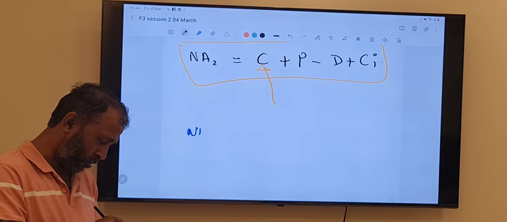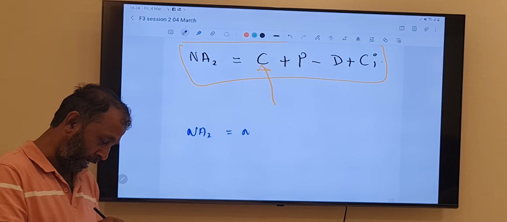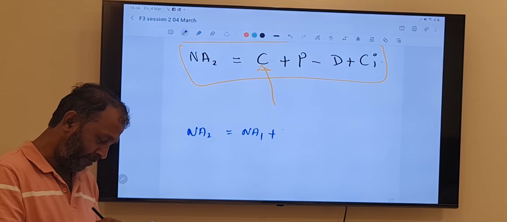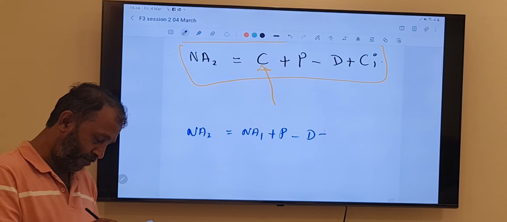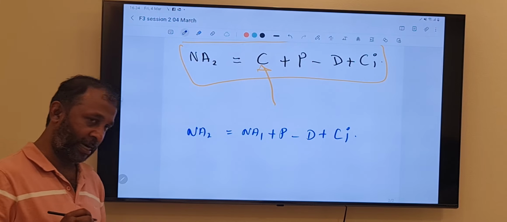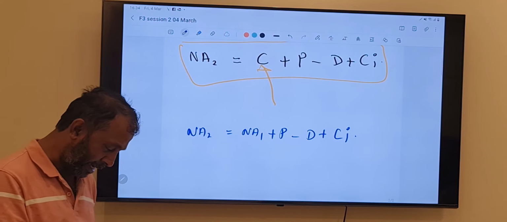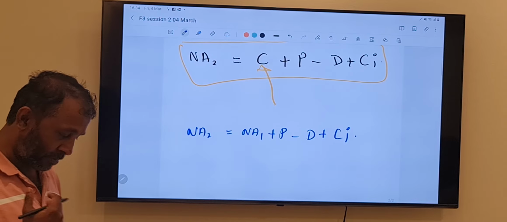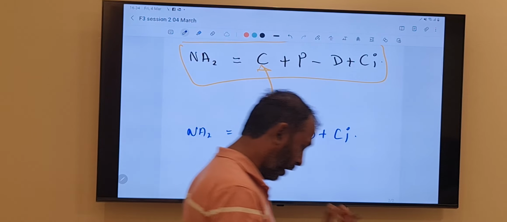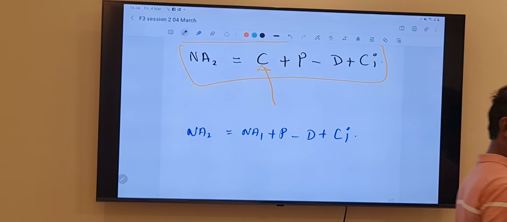So NA2 is equal to NA1 plus P minus D plus CI. If you did not understand, let me know. Until you understand, I will not go to the next step.